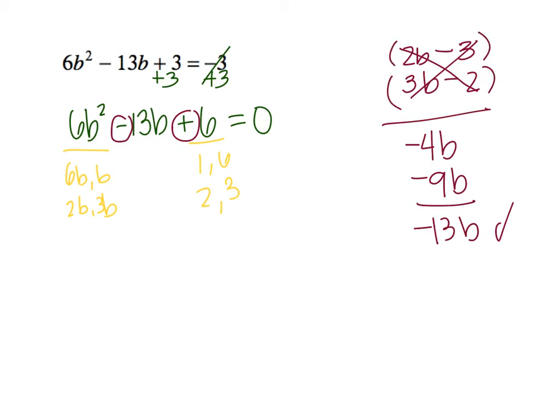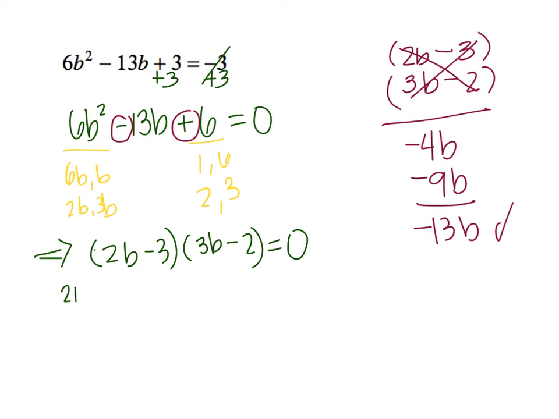So I'm going to say okay, going back to green. I'm ending up with 2b minus 3 times 3b minus 2 is equal to 0. Equating each of these to 0, we have 2b minus 3 is equal to 0, or 3b minus 2 is equal to 0.